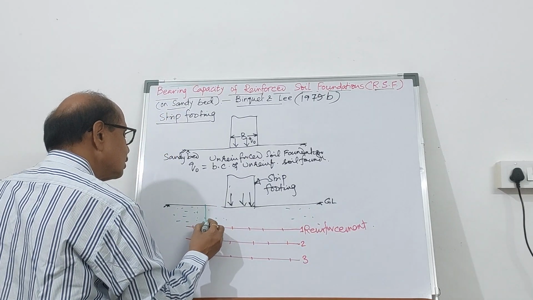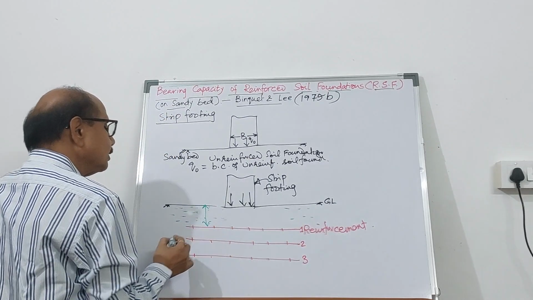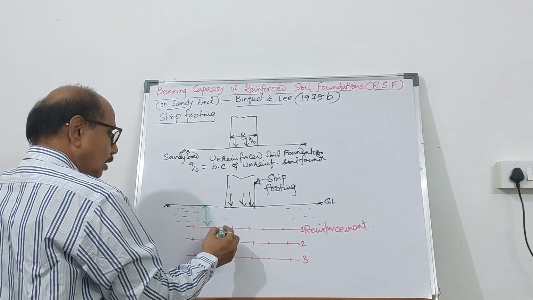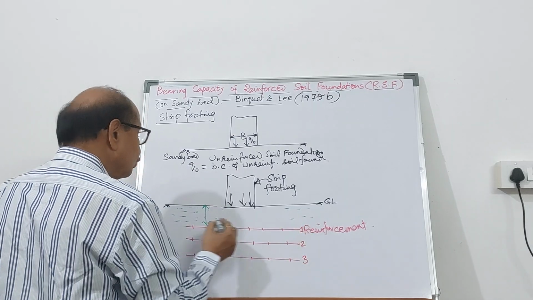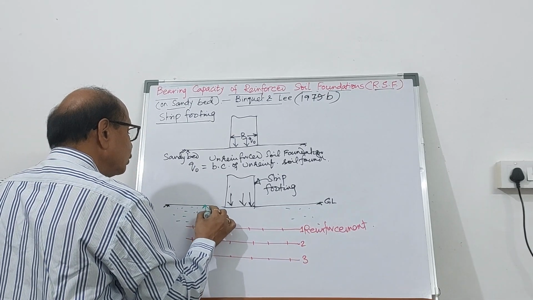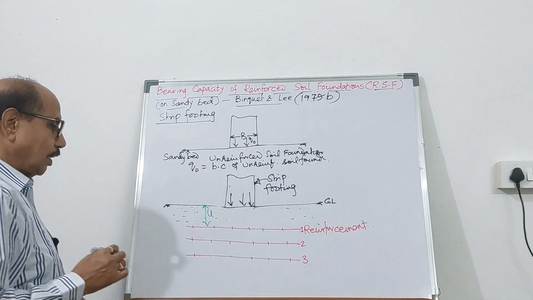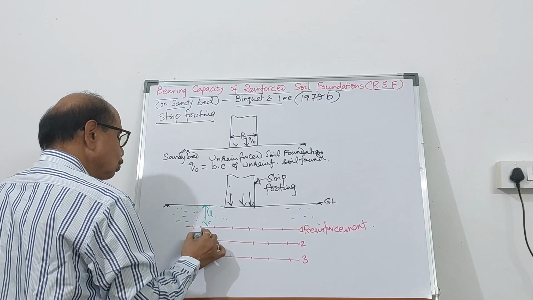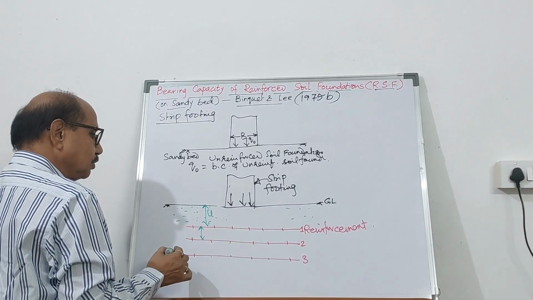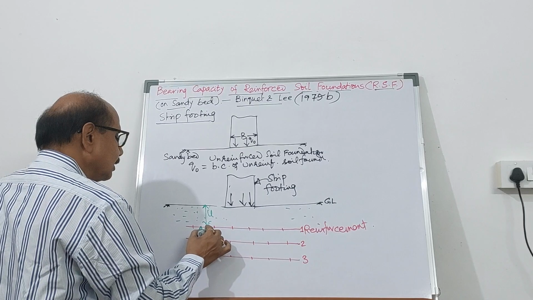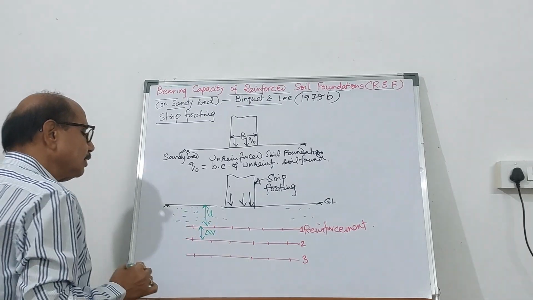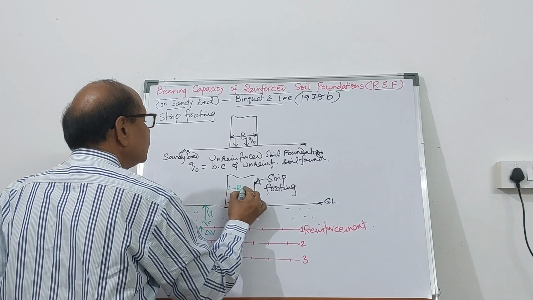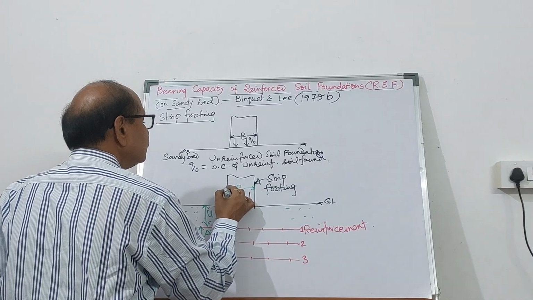This distance from the base of the footing up to the first layer of reinforcement is called U, and the spacing between two consecutive reinforcing layers, the vertical spacing, you can take as delta V, and B is the width of the footing.